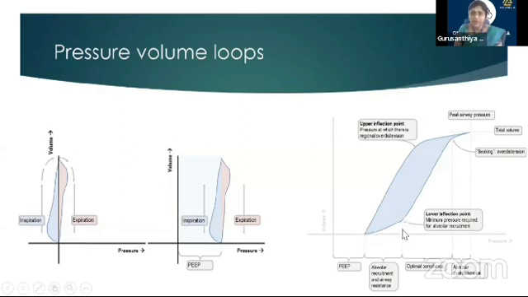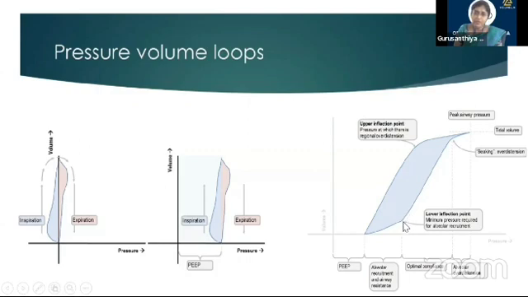This is the minimal pressure you need to apply for the alveoli to be recruited altogether. So the minimum pressure required for alveolar recruitment is the lower inflection point. This is the lowest pressure at which you can overcome the airway resistance. That reflects the lower inflection point.